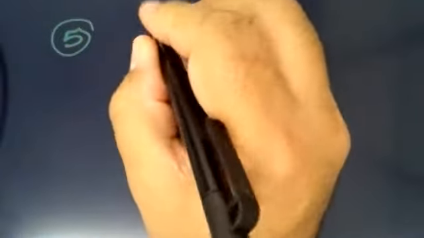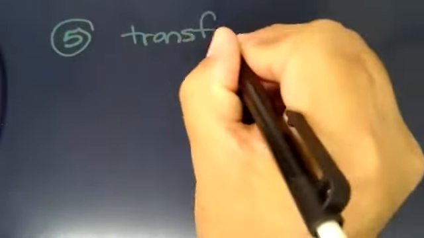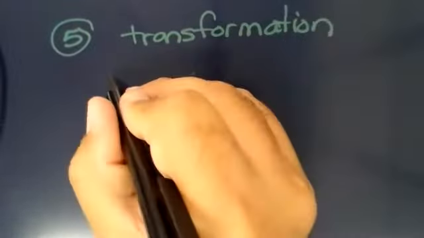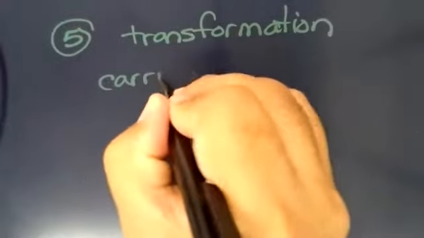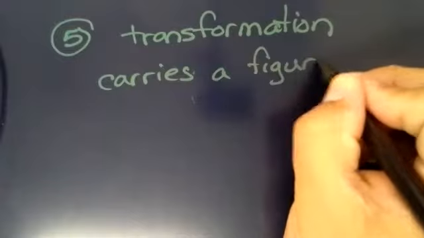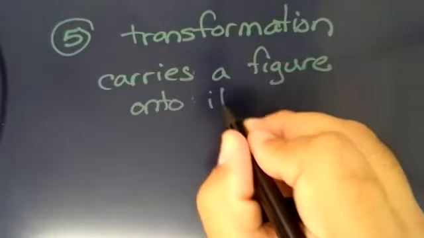This is very important, okay? Because this one says a transformation that carries a figure onto itself.